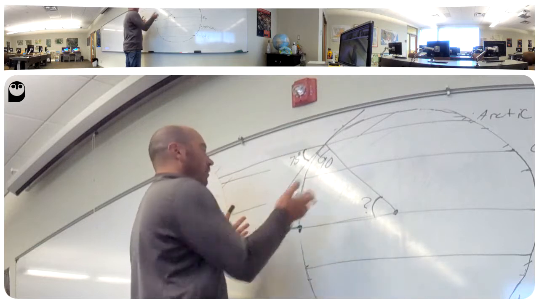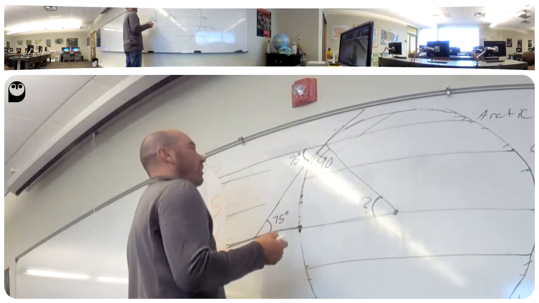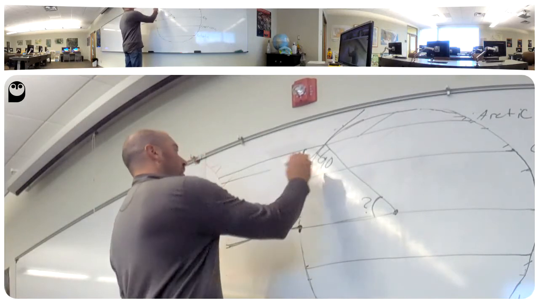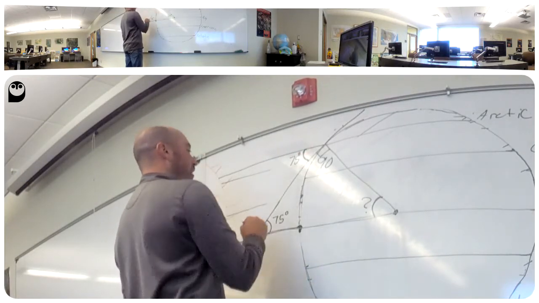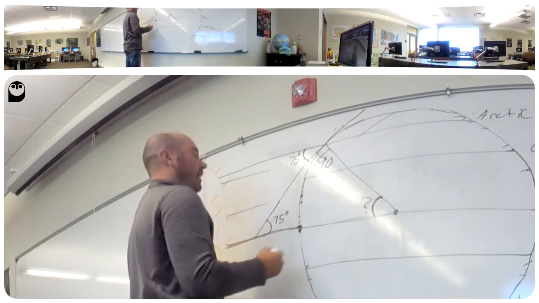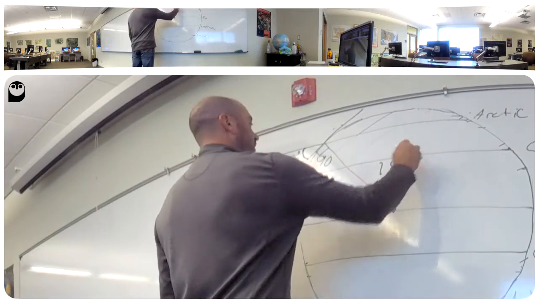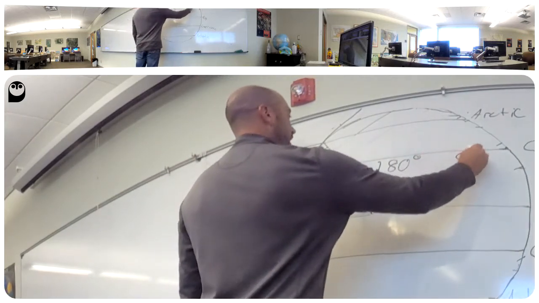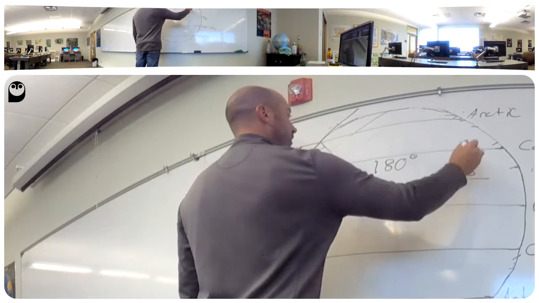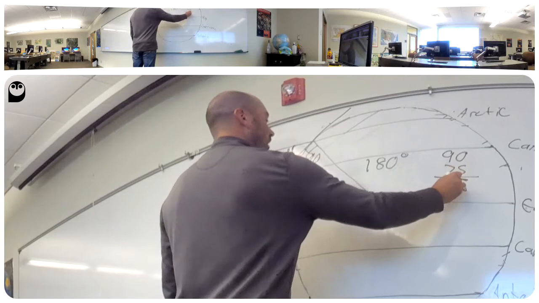So we know a triangle adds up to 180, so we can just do the math now. So 90, 75, and we're trying to find this angle. A triangle is 180 degrees. Let's add 90 and 75. That is 165, right?